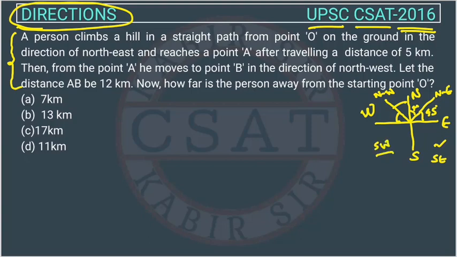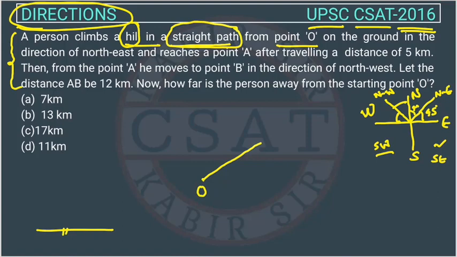Now, a person climbs a hill in a straight path from point O. Let's assume point O is here, and the person is climbing a hill. Don't get confused: this is not a horizontal plane, because they have given that he is walking on a hill.